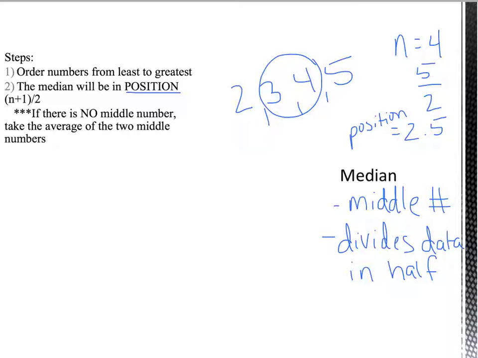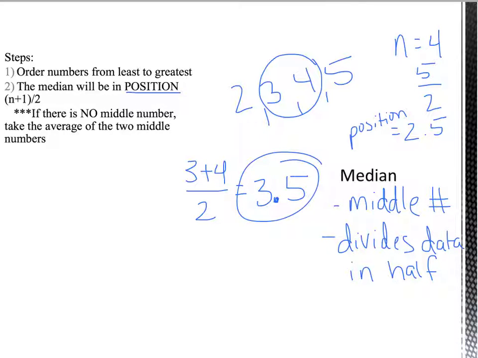So if there's no middle number, then you just find the average of the two middle values. I hope you can do this in your head, but some data you won't be able to. So the median of this data would be 3.5. So half of the data falls below 3.5 and half falls above.